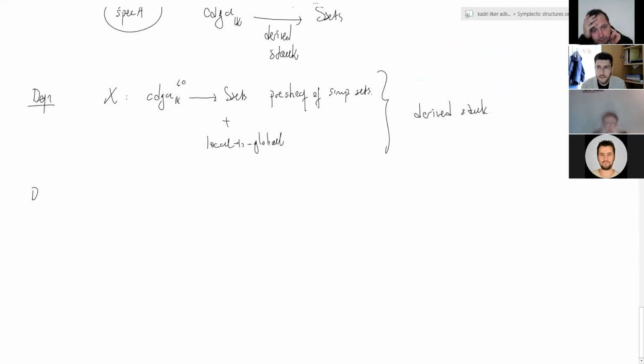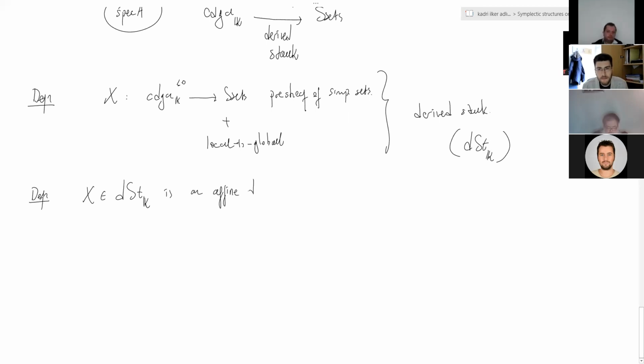And what is a derived scheme? Another definition. Let me denote this infinite category like this. An X in this infinite category is an affine derived scheme, as you may guess, if X is just given by some spec A dot.